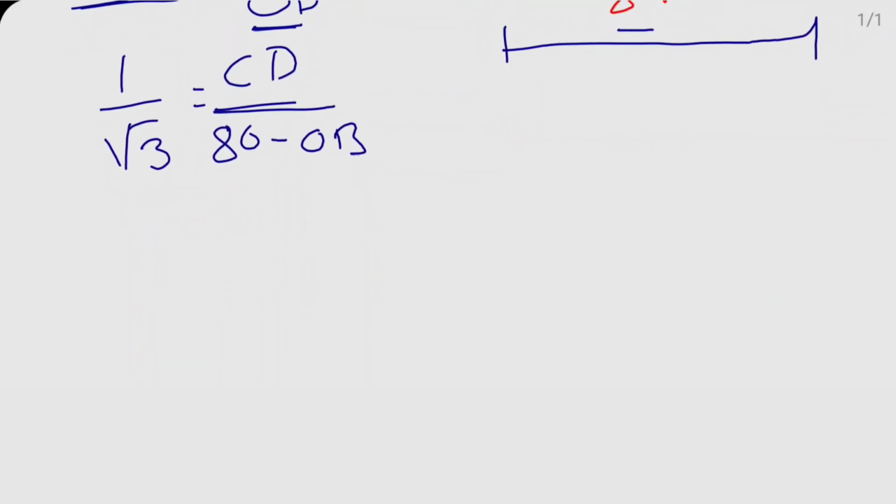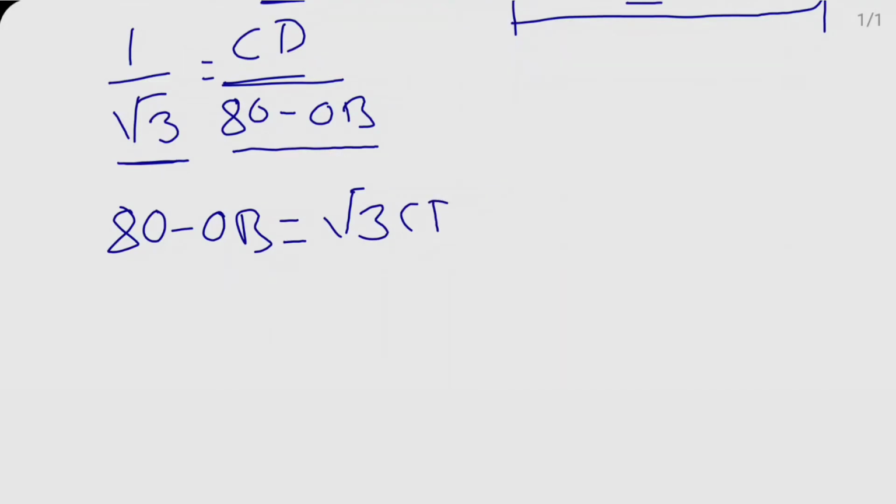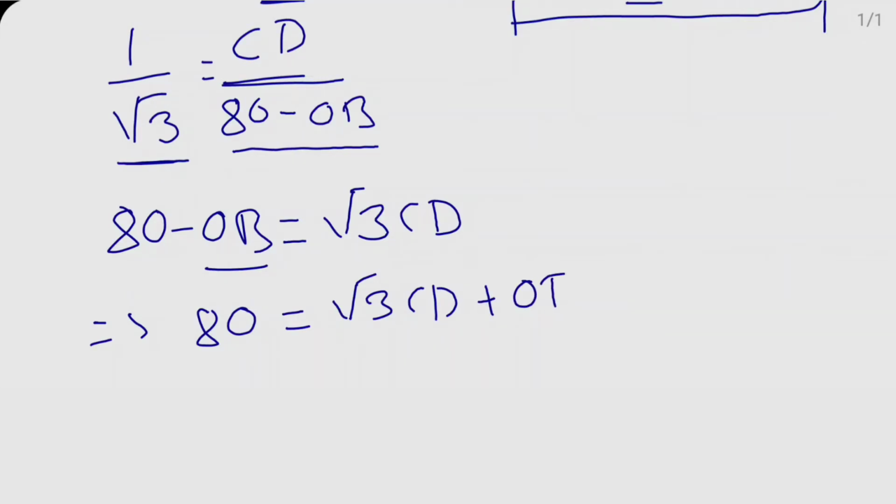So now root 3 goes to the RHS side, it becomes a multiplication, and 80 minus OB comes to the LHS side, it also becomes a multiplication. So write down here, 1 into 80 minus OB is 80 minus OB. This equal to root 3 into CD is root 3 CD. And here 80 equal to root 3 CD. OB comes to the RHS side, it becomes plus OB.